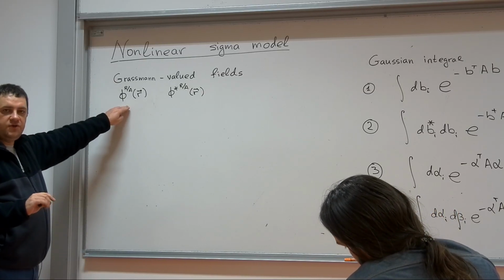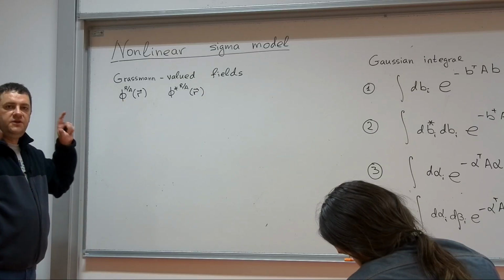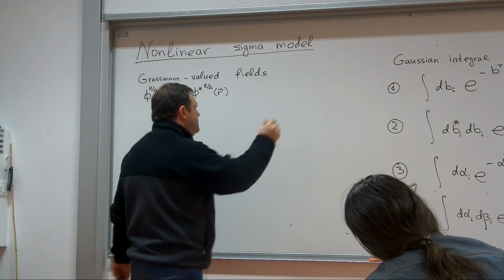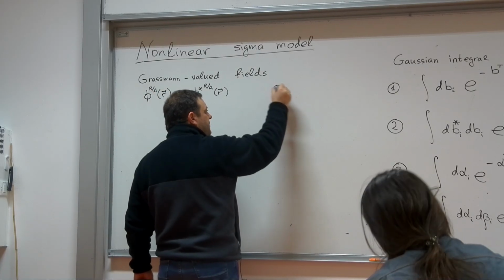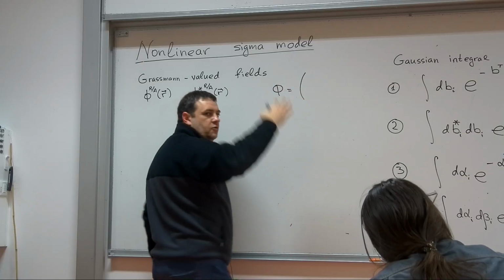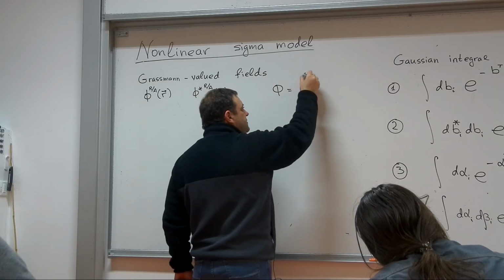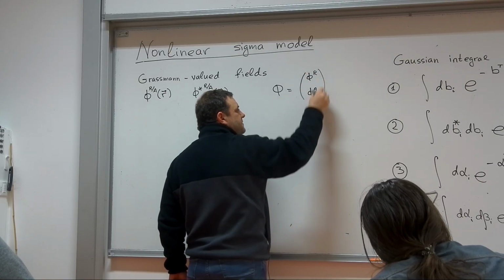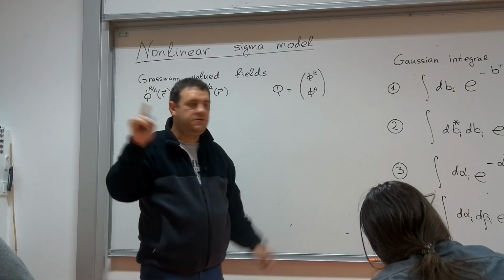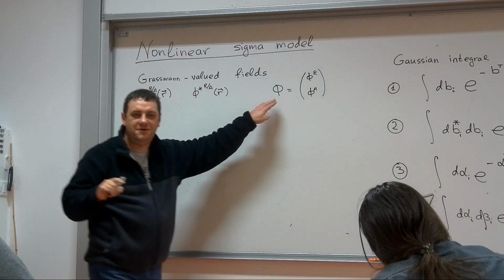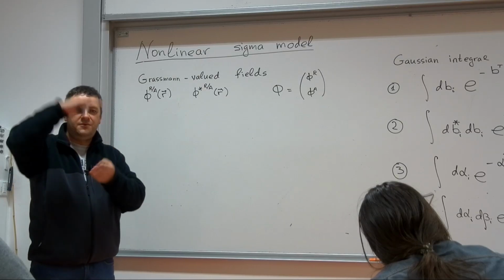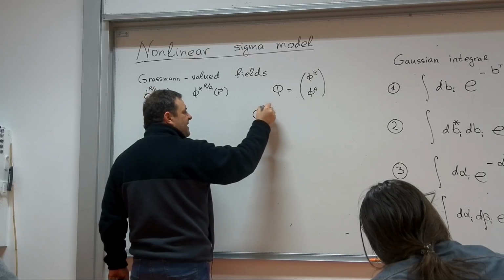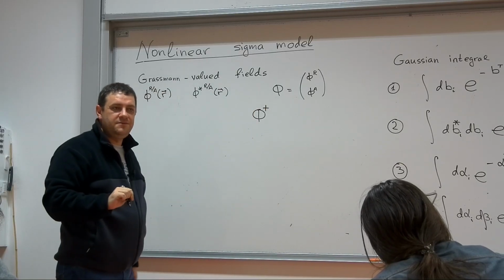So I will arrange these fields into a vector. Just two components. I will write phi, meaning I have a column which has retarded phi and advanced phi, like this. And they both depend on R. This is a column field. And I will introduce another one and I will call it phi dagger.